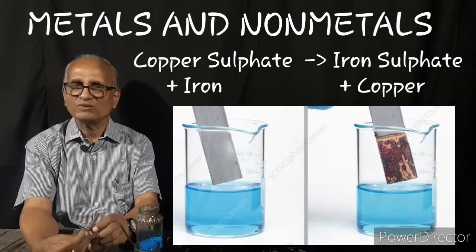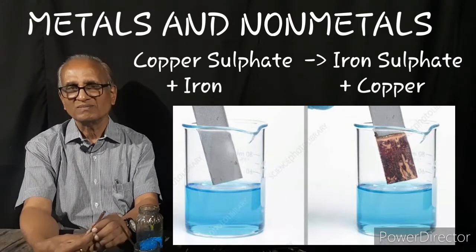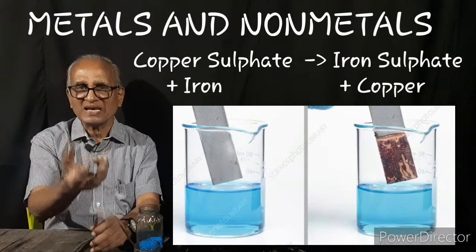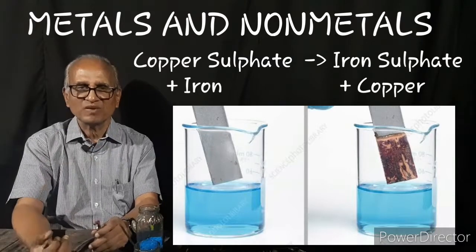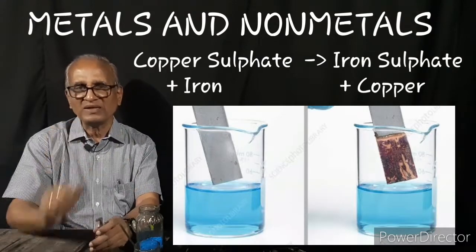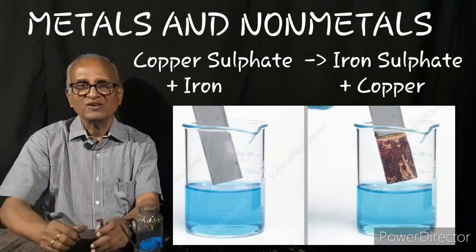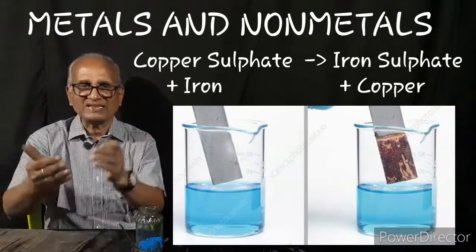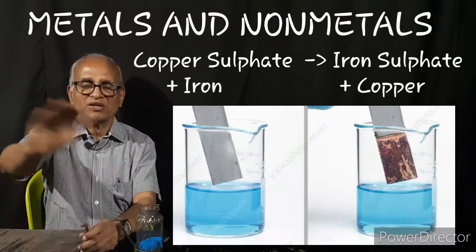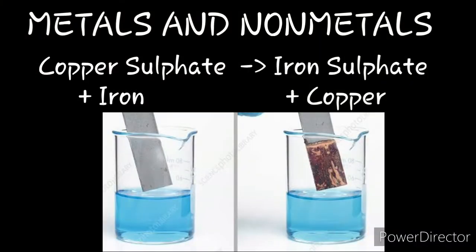All metals are active. When their oxides are made into solutions, or in the case of copper, it's copper sulfate, and you bring it in contact with another metal, you will be able to get the plating.